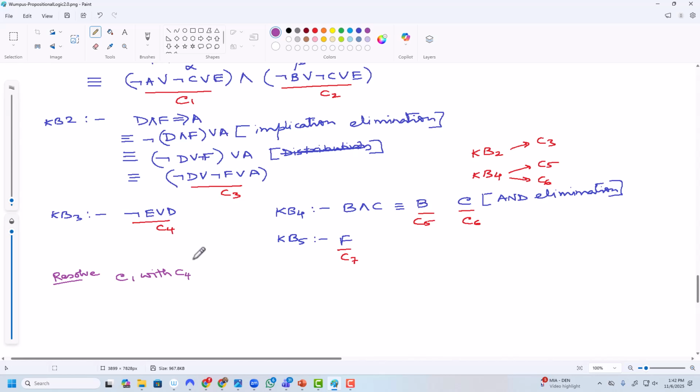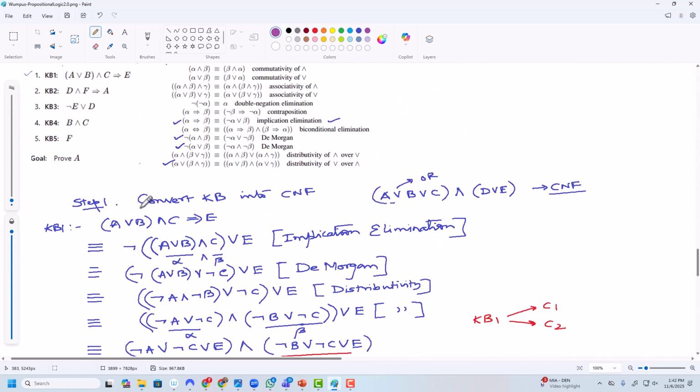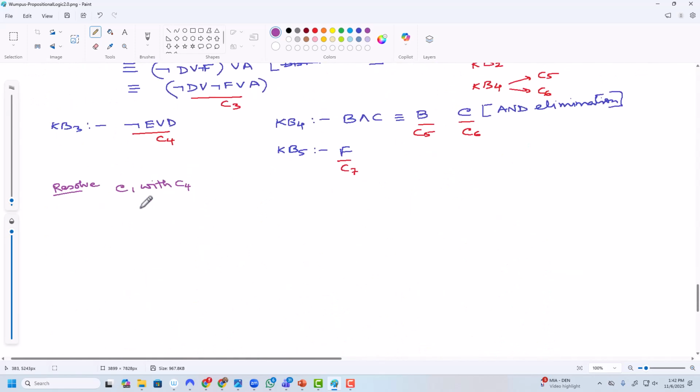Here one thing I missed, which is the second step of the resolution: we have to prove something, prove A. If you remember, resolution works by contradiction.